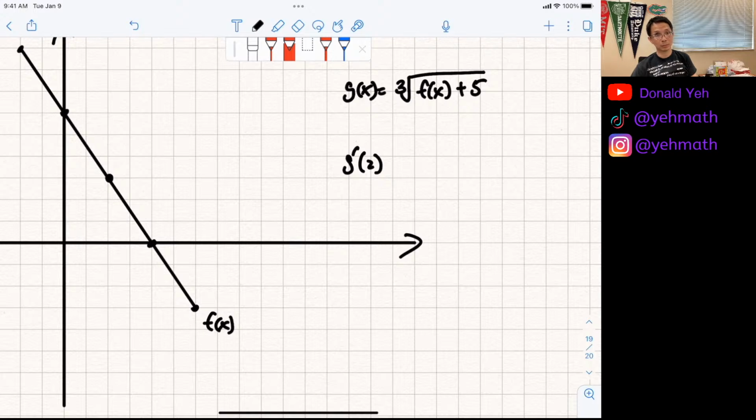Negative 3 over 2. Oh, 3 over 2? Okay, close. Oh, wow. Negative 3 over 2.